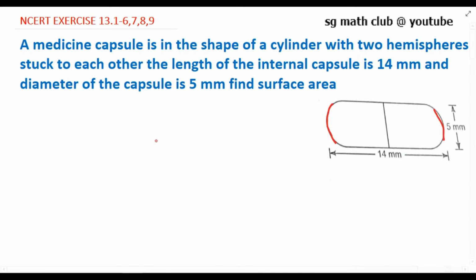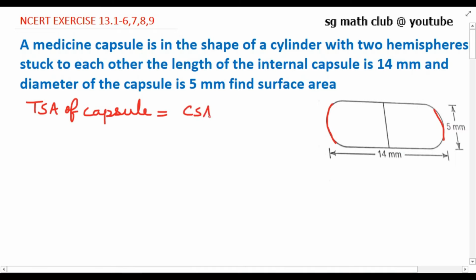So the total surface area of this capsule will be equal to area of both hemispherical end plus area of cylindrical portion. So TSA of the capsule is equal to CSA of two hemisphere. We have two hemispherical end, one here and the other is here.